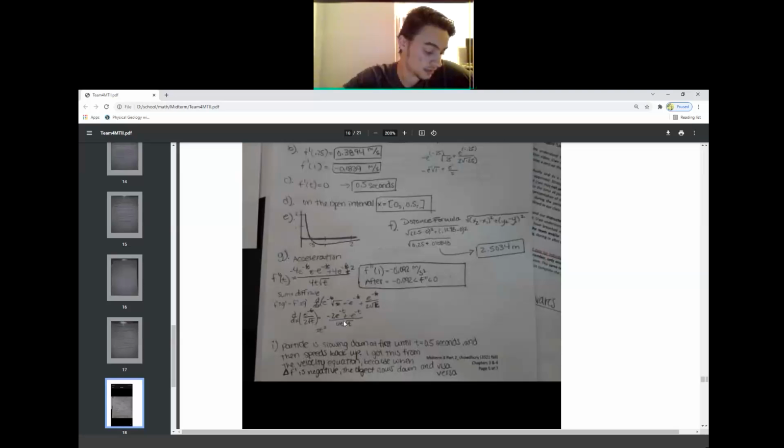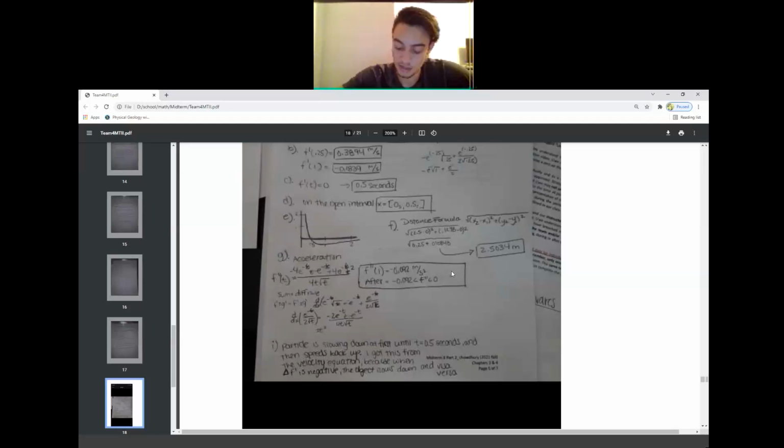So that was only finding the acceleration function, and it asked me to find the acceleration at and after 1 second. I plugged in 1 second to that function and came out with negative 0.092 meters per second squared of acceleration at 1 second.